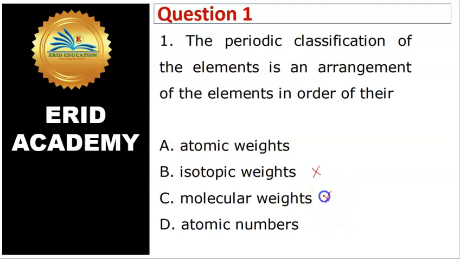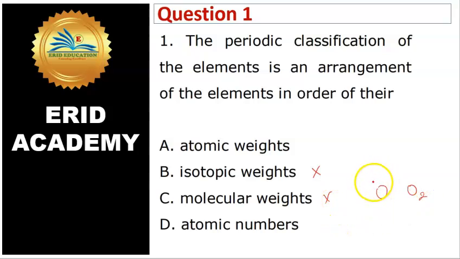Then molecular weight. Elements in the periodic table exist as atoms. The periodic table represents the atoms of elements, not molecules of elements. So we have oxygen, not O2, represented in the periodic table.